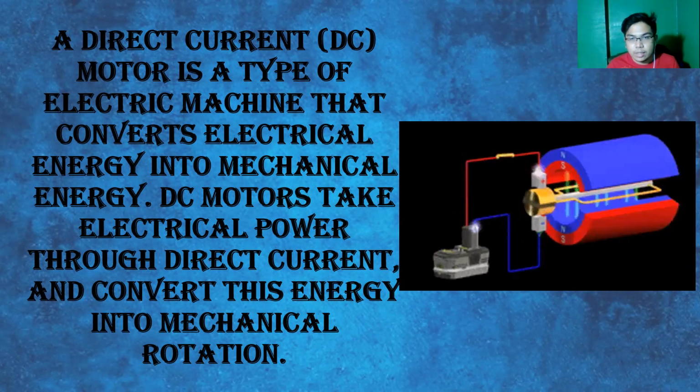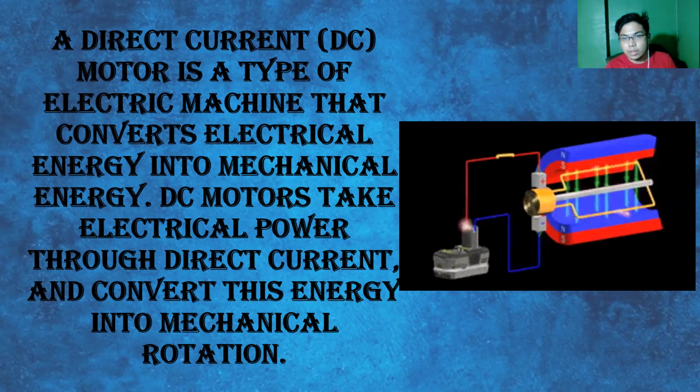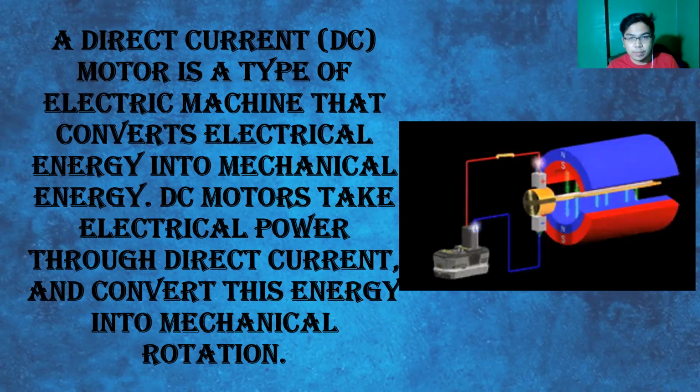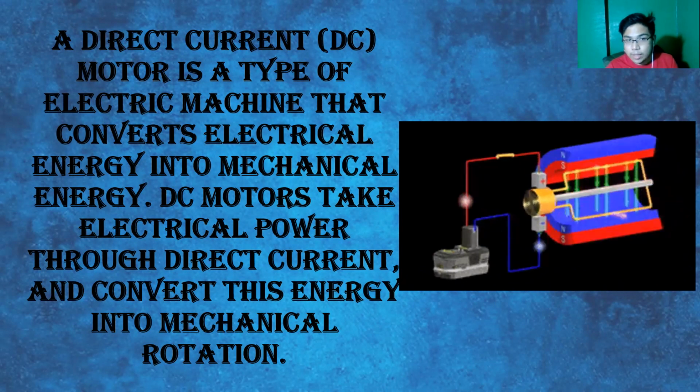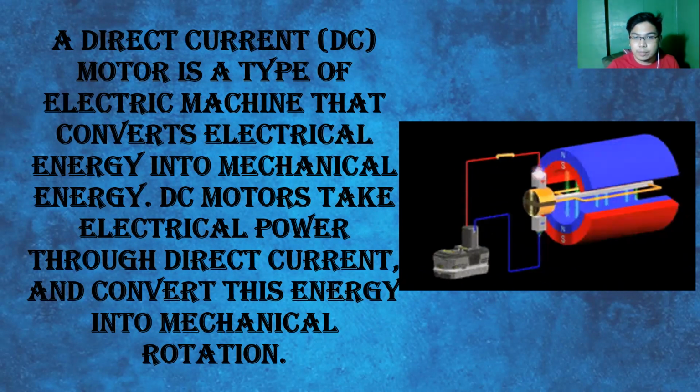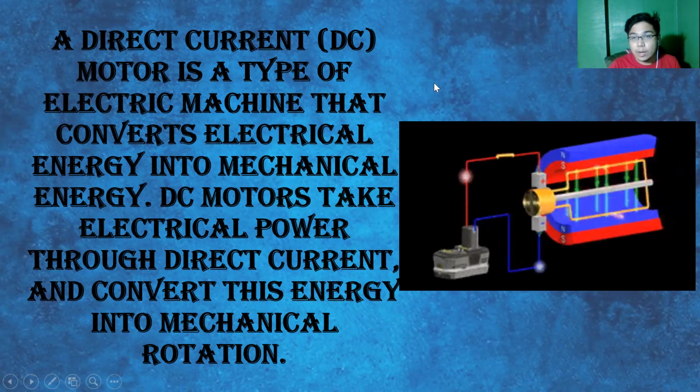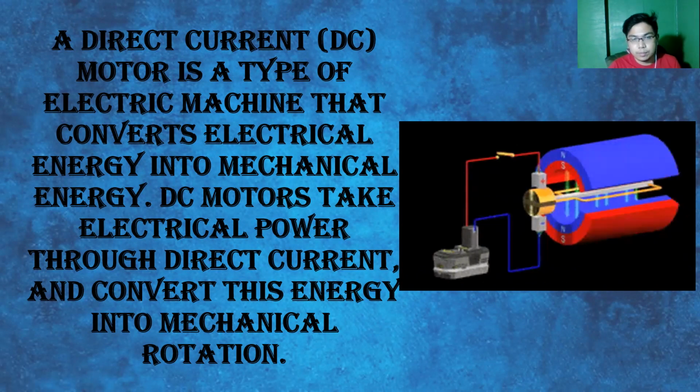So, kagaya sa dati nating mga pinag-aralan, yung pag umiikot siya, yung gamit yung mga magnets or electromagnets, nagbibigay siya ng mechanical energy. Ito rin yung mga ginagamit kadalasan sa pang araw-araw natin sa ilaw, ganun.